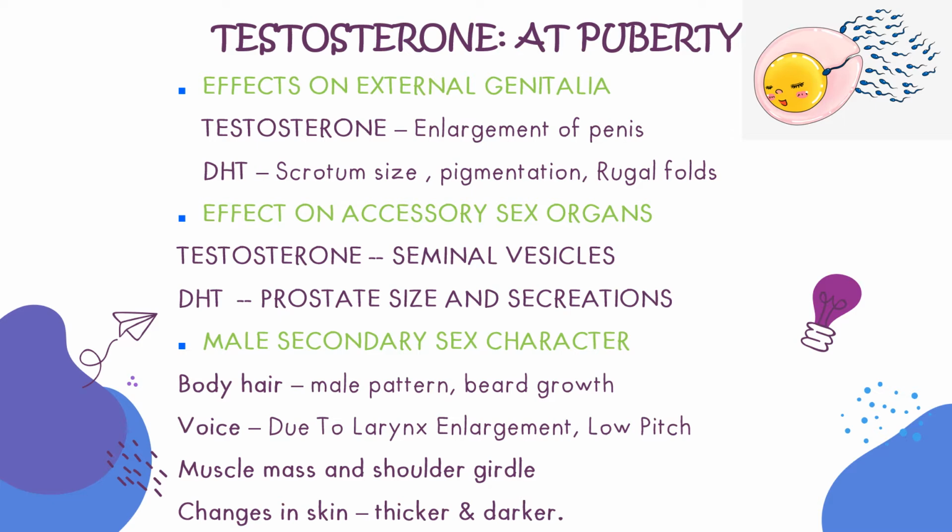Changes in the skin: skin becomes thicker all over the body. The dihydrotestosterone increases the production of sebum by the sebaceous glands, and it also causes the development of acne, especially during puberty.